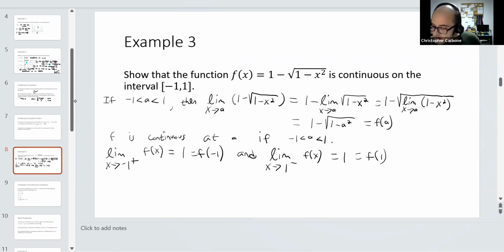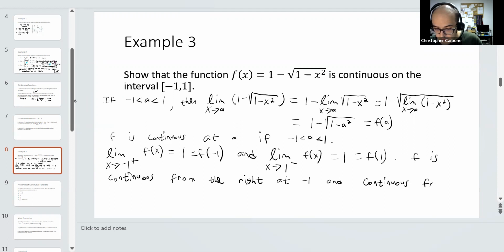So, due to this, we could see that f is continuous from the right at -1 and continuous from the left at +1.